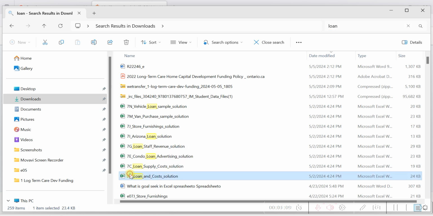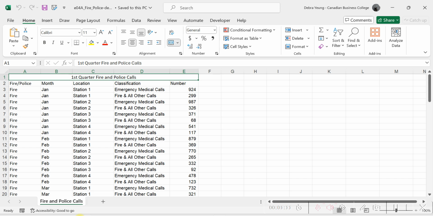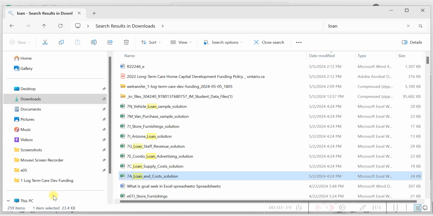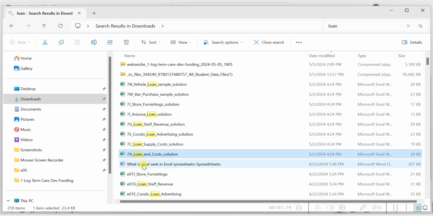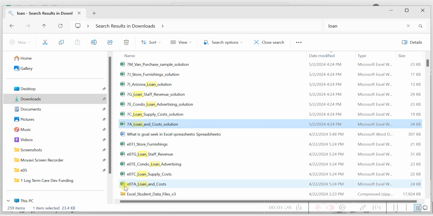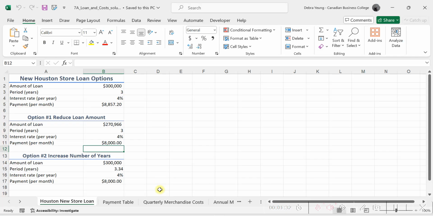Solution. So I'm going to keep that open for us. And then we're going to come back and I'm going to look for the correct file. Loan and costs. Not the solution. E07A, loan and costs. So we got the solution and we got the file.